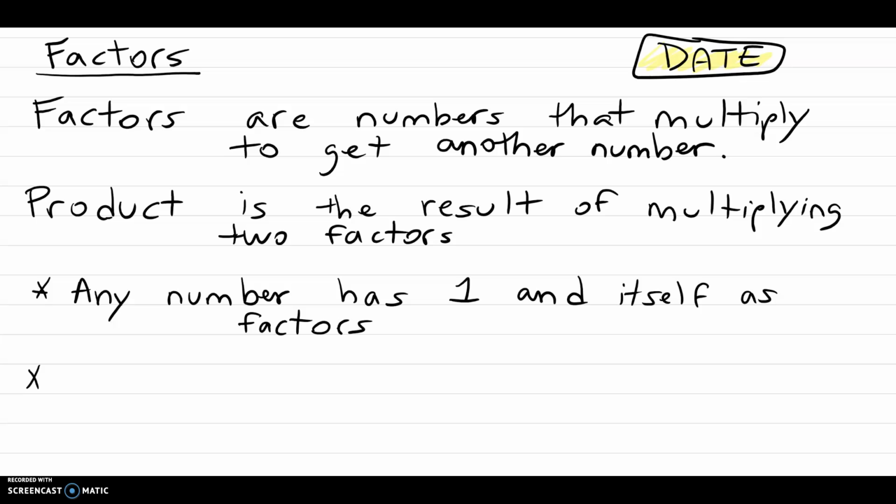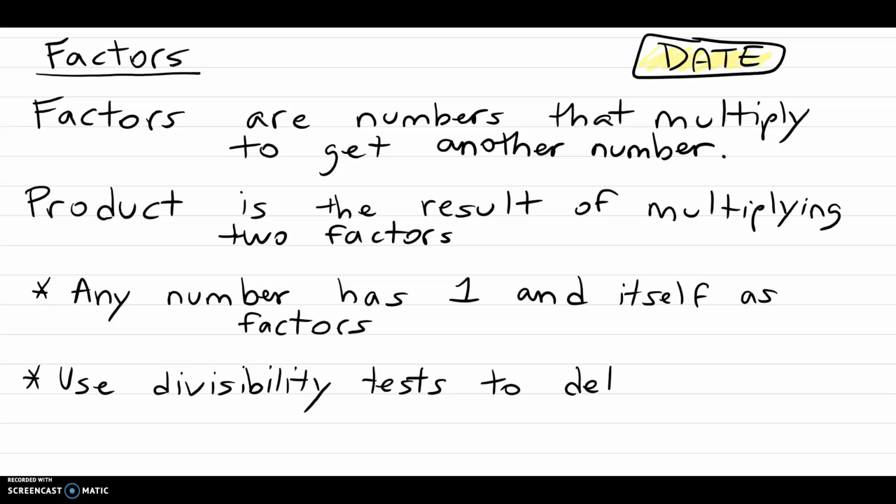To figure out other factors, you have to use divisibility tests that we learned before. So remember, divisibility tests were ways to tell if you could divide a number and get an integer and not a decimal.